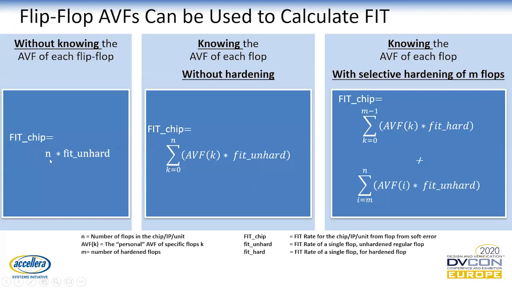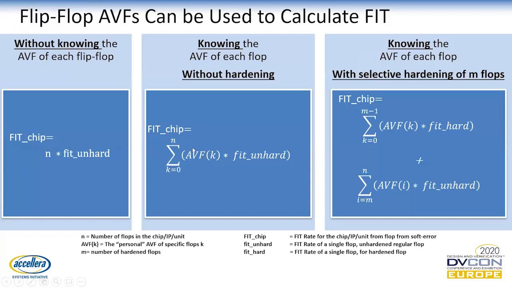Earlier it was calculated with n, directly the number of flip flops instantiated, but right now we are calculating with the AVF factor, right? So now the fit rate unhardened has reduced further, and you're just adding all the AVF, multiplied by the fit rate of that particular flip flop, and adding up for the instantiations.